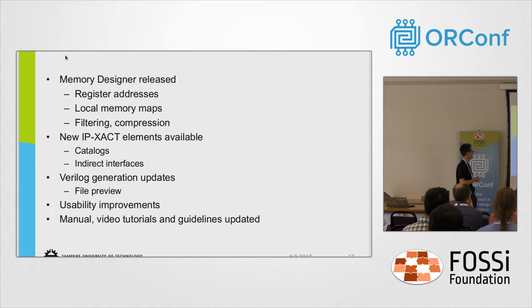We have added support for some of the new IP-XACT elements for catalogs for indirect interfaces. We have updated the Verilog generation. We have a lot of new improvements for usability, and we've been working on the manuals, the tutorials, and added more guidelines for the users and the community in general.